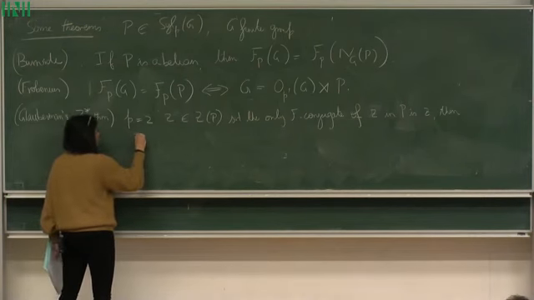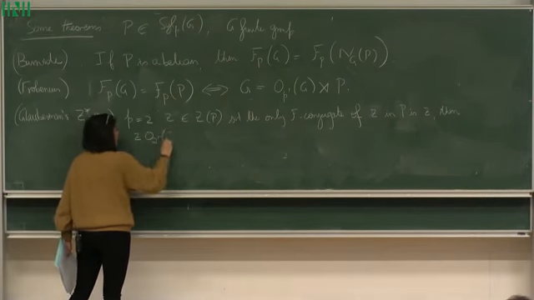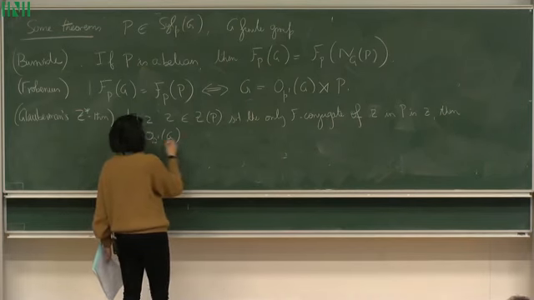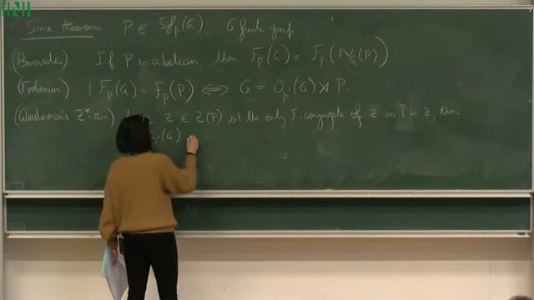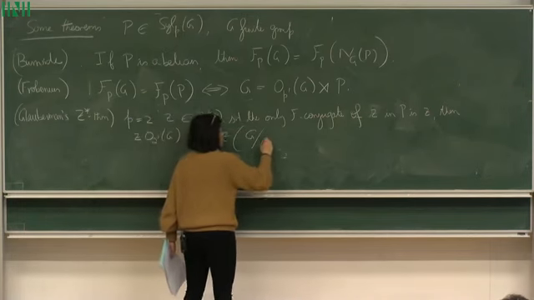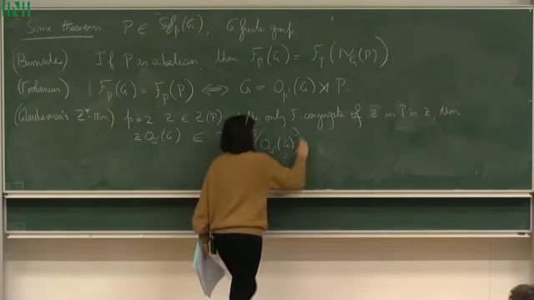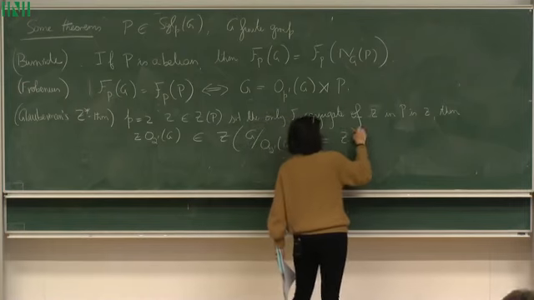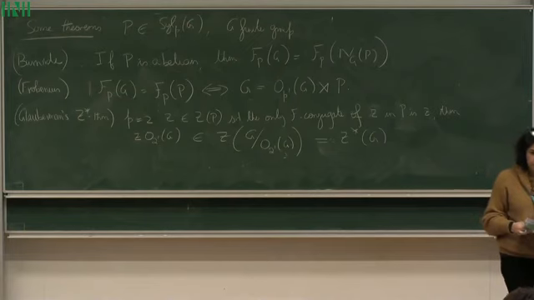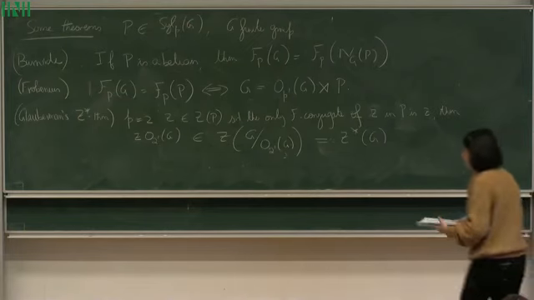Then the class of z in the coset of z with O_2'(G) is in the center. And that's what's usually Z star of G. So that's the fusion theorem.